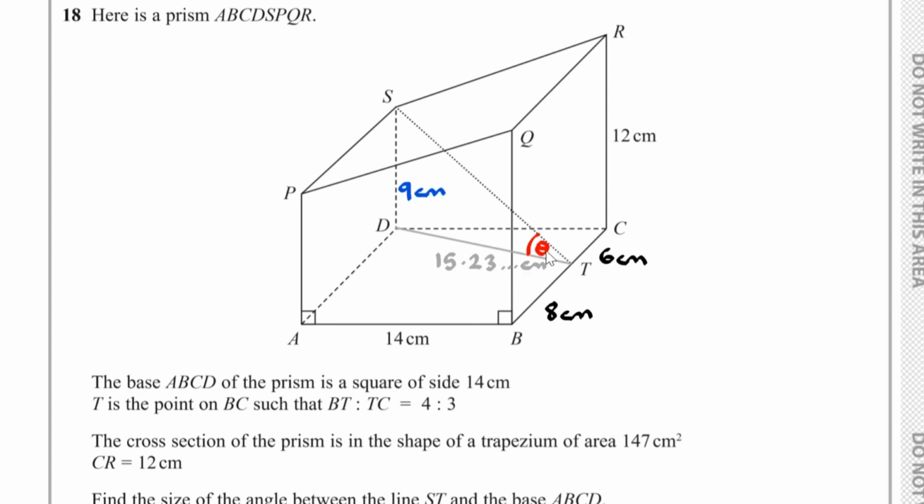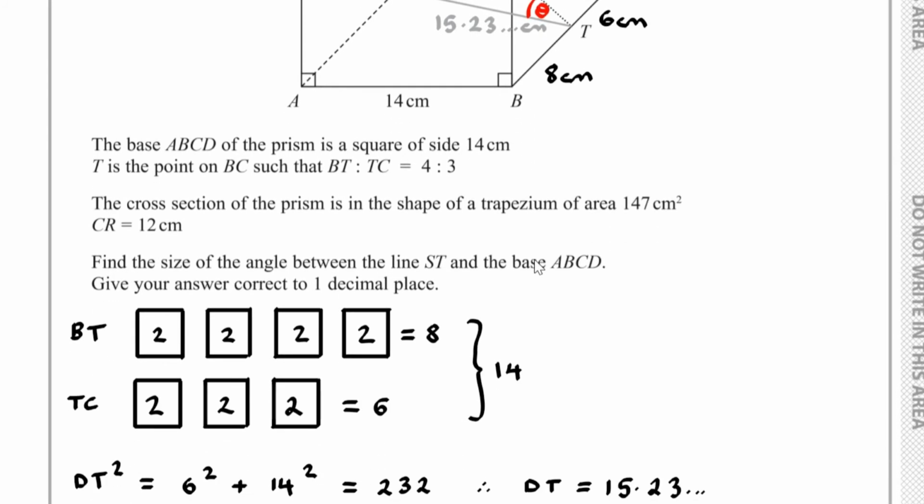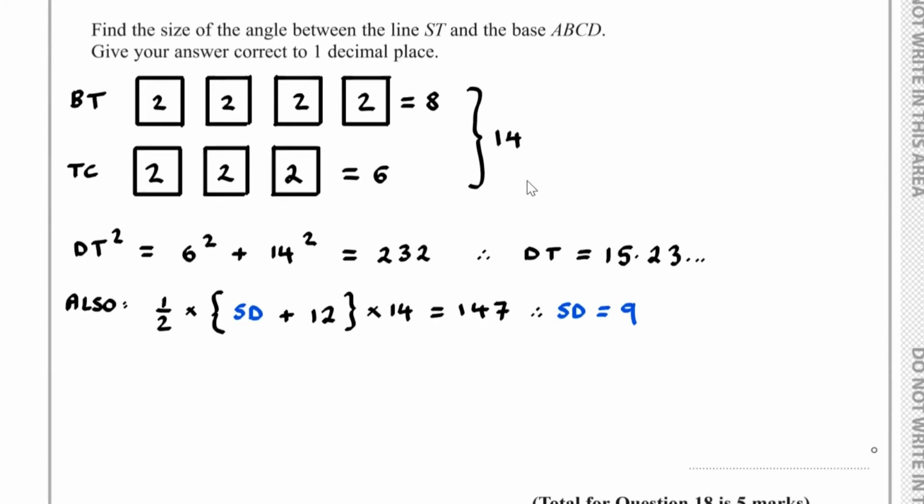Now if I take a look at this triangle, I've got the opposite and the adjacent, and what connects those is tan.